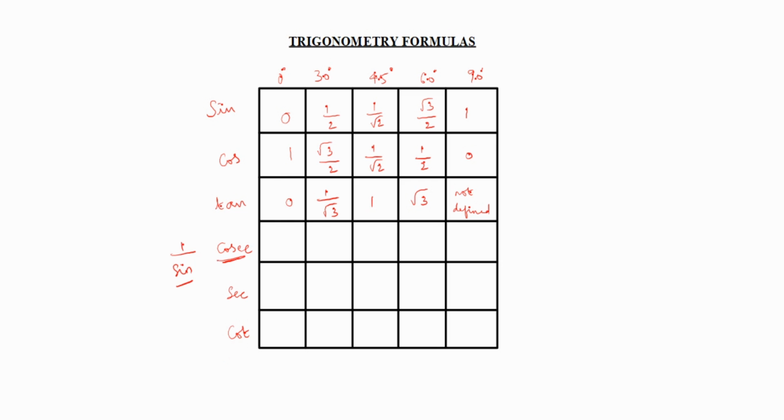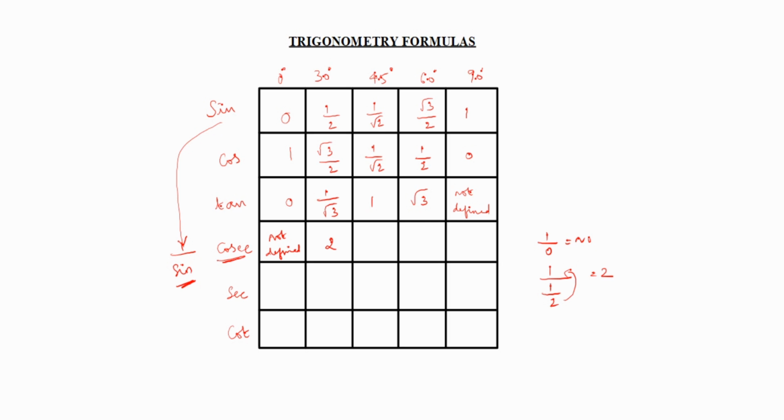We already know the sin value. 1 by 0, what comes? Not defined. So you have to write not defined. Then 1 by sin, that is 1 by 1/2. So it goes up, so 2. So cosec of 30 is 2.